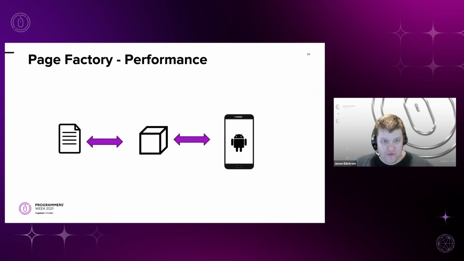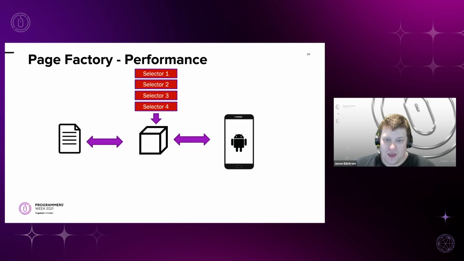And now we're going to talk about the performance, and this is the big part of Page Factory and why I don't feel it is the best approach for utilizing inside of automation, definitely in mobile automation, but the things that happen in Page Factory also happen in web automation using Selenium. So in this situation, we send out the click element call, but then after that, we have all the selectors that need to be populated inside that page object model before we're allowed to do anything.